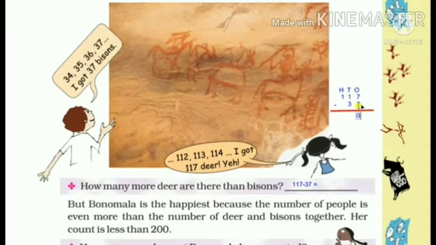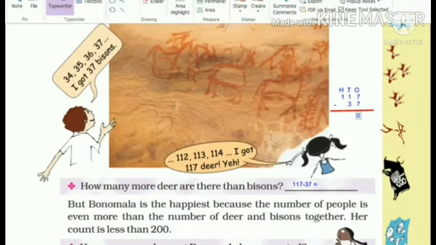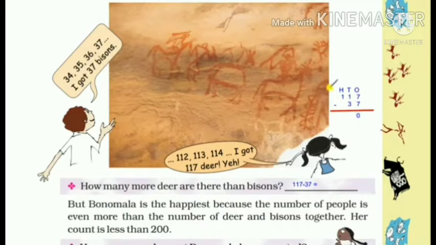So hundreds place 0. So put the 0 on the hundreds place. So what is the answer we got? That is 80. How many more deers are there? 80. Okay, students, are you understanding? How can we find out how many more deers are there? Are you understanding? Okay, move to the next section.